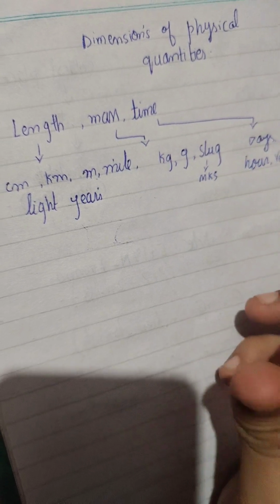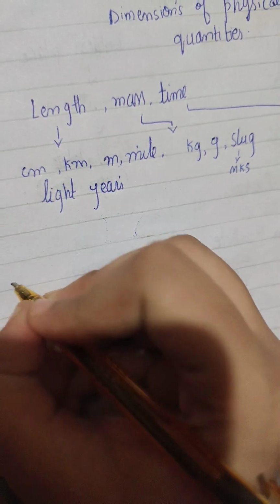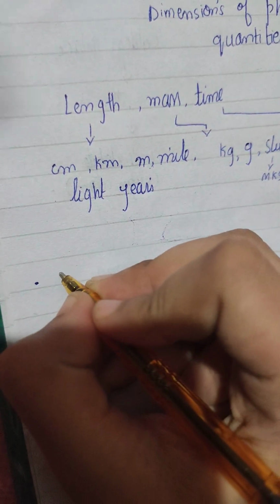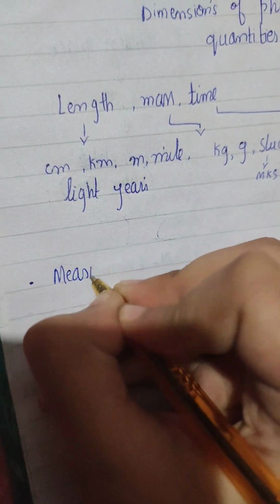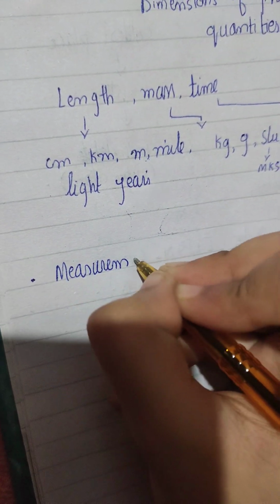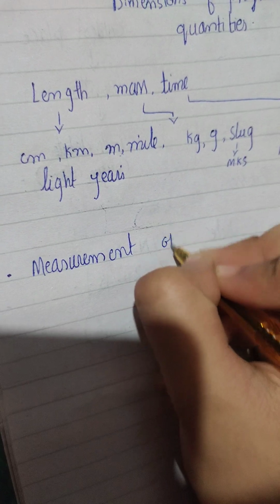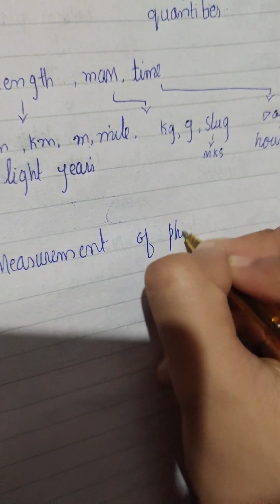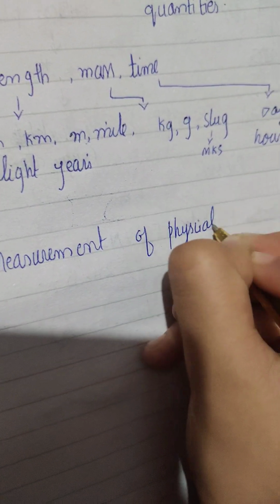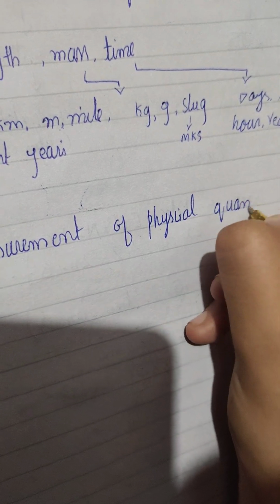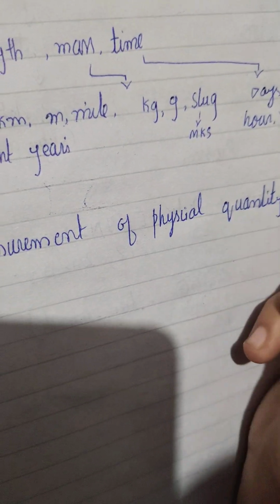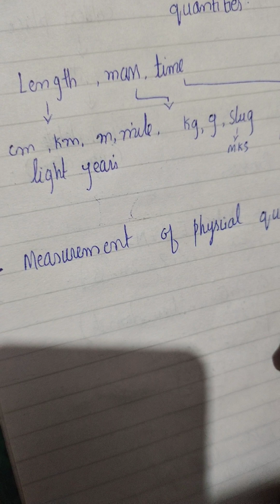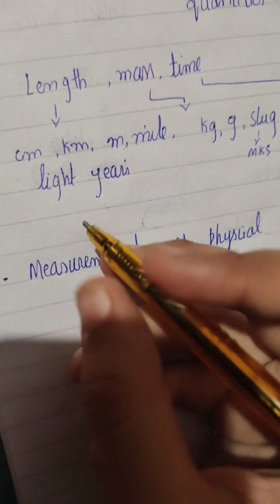So first of all, let me tell you what is dimension. Dimension basically means measurement of physical quantity. Okay, physical quantity, in simple words, is known as dimension.